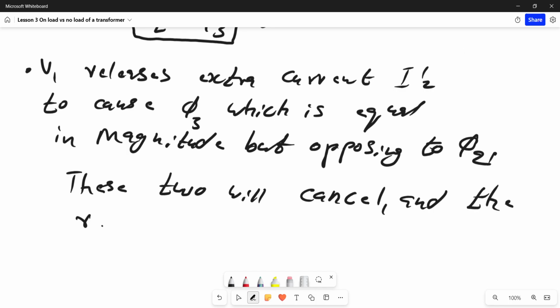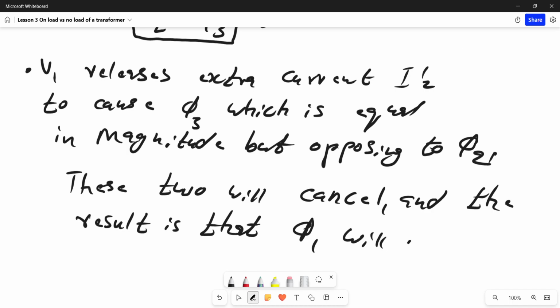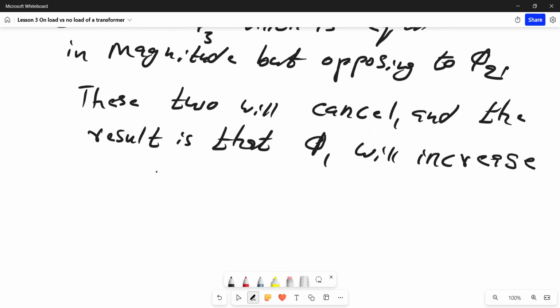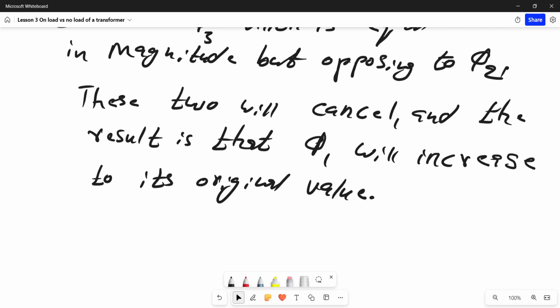And the result is that flux 1 will increase to its original value. When flux 2 and flux 3 cancel, flux 1 increases to its original value.